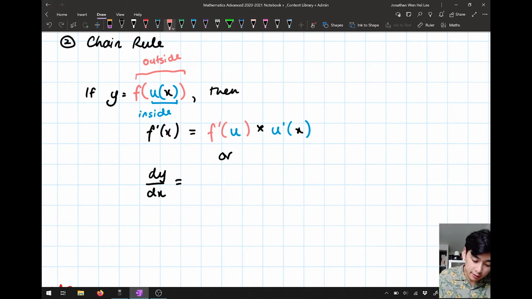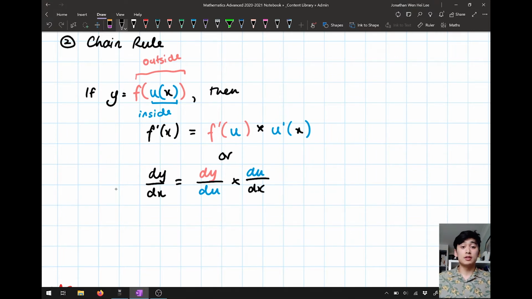We sometimes write that as dy on du, differentiating my outside function, times du on dx. So with the chain rule, we differentiate the outside function, and then multiply that by the derivative of the inside function. Outside, inside, and then multiply the two.